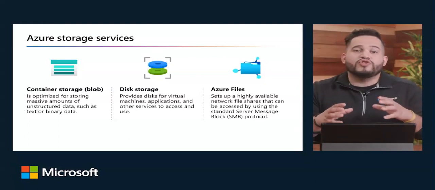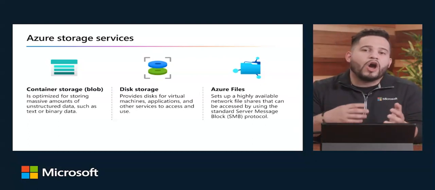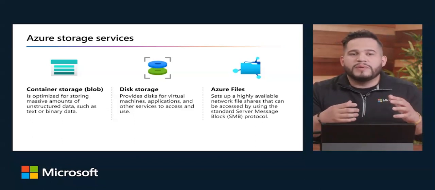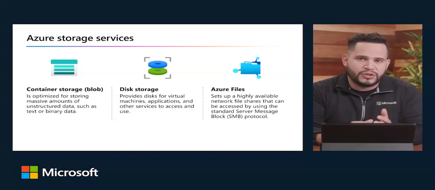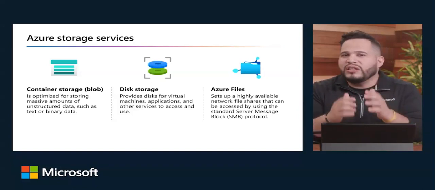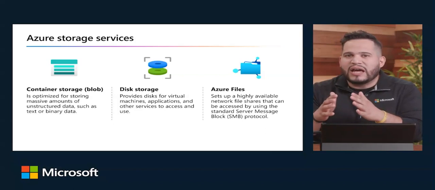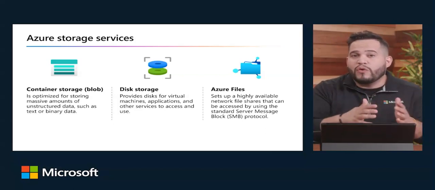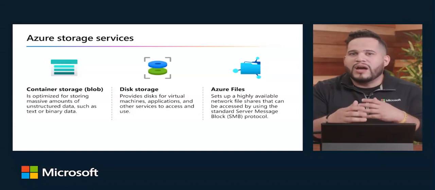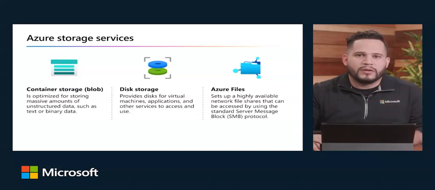Azure file shares can be used to replace or even supplement on-premises file servers. Another use is for lift and shift applications, because using a file share makes that process easy. So you're lifting and shifting applications to the cloud that expect a file share to store application files or even user data. Now, those are just a couple of different uses for it.